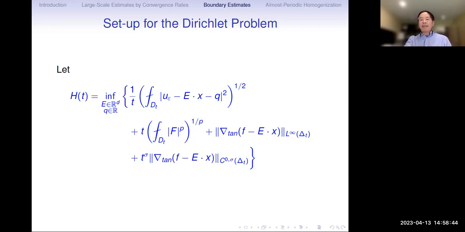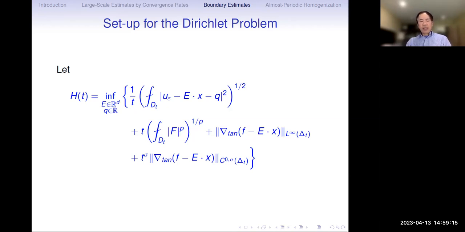And then we might have a boundary condition. So little f is the boundary condition. So here we need to look at the difference between f and a linear function, but measured on the boundary. So the gradient tan, that's a tangential derivative, L infinity norm. And we also take this C1 alpha or C1 sigma norm.